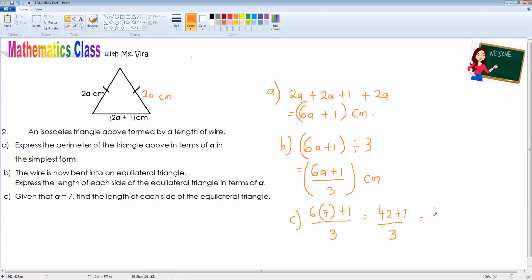So it will be 43 over 3. Then it will be 14 and 1/3 centimeter. So each side of the equilateral triangle is 14 1/3 centimeter.